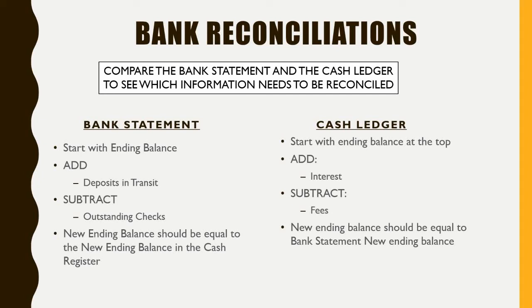Okay? Now let's talk about the cash on our side, because we're the cash ledger, right? The bank knows something that we don't know. The bank knows that they charged us money for service fees. They're the ones responsible for making those extra fees and extra charges, right?